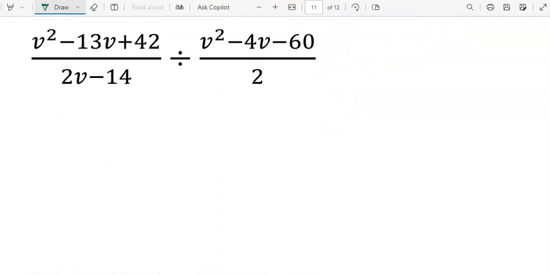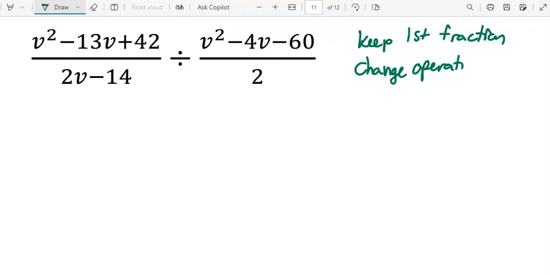Now with this one, it's division. With divided fractions, you would keep the first fraction, change the operation to multiplication, and then flip the second fraction.